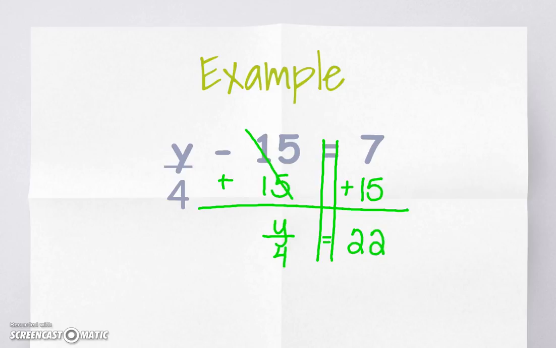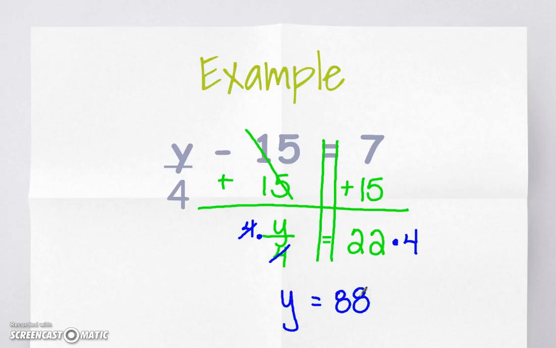Now when I look at my variable, it's not isolated. I have to keep going. What's the inverse of dividing by 4? Yes, multiplying by 4. So I'm going to multiply both sides by 4. On the left side, the 4's cancel out. My y is isolated. And 22 times 4 is 88.